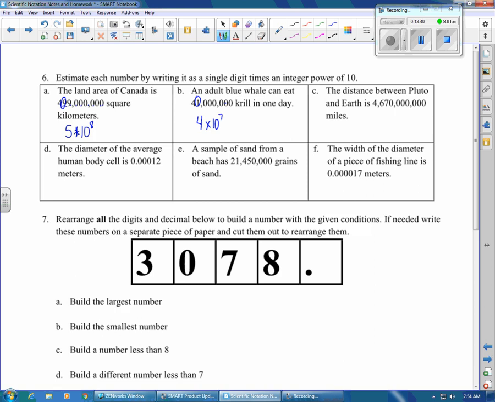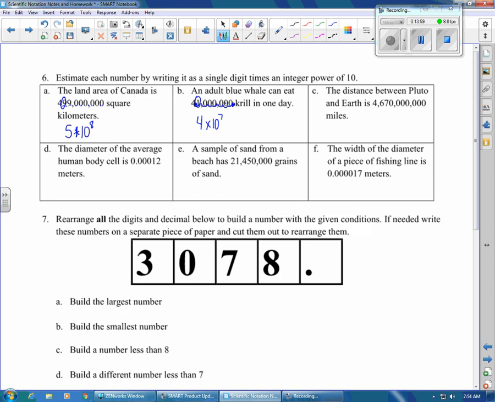Now, if you notice, there's only 6 zeros here. That's why I said it's really dangerous to count zeros. So my decimal starts at the right of my number, and I'm moving it 1, 2, 3 places, 4, 5, 6 places, and then 7 places because I want it to be between the 4 and the 1.